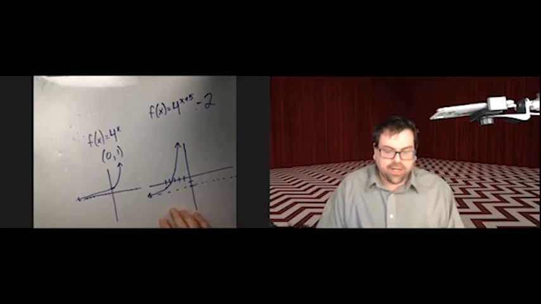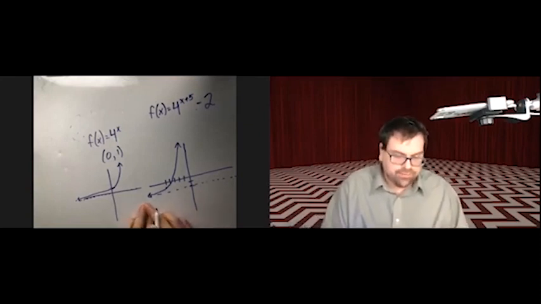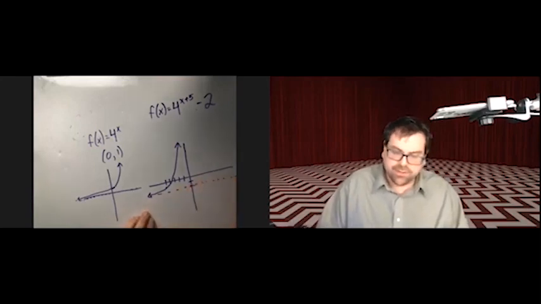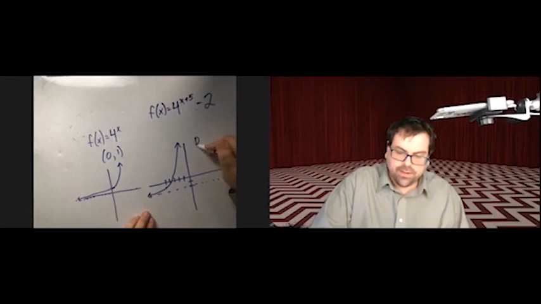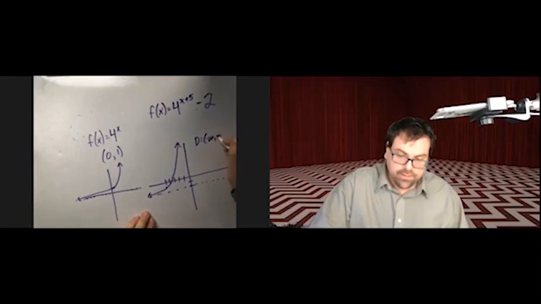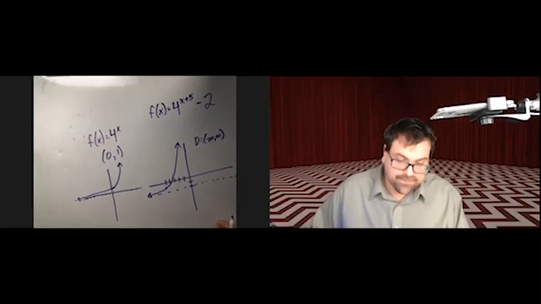What would be the domain and range of the new graph? Well, from left to right, we'll always have x values. So the domain is all real numbers, negative infinity to infinity.